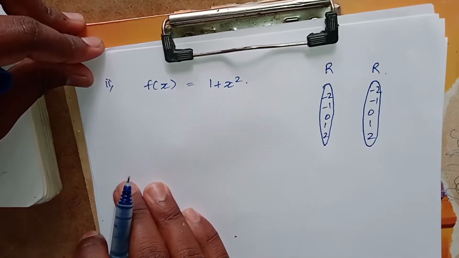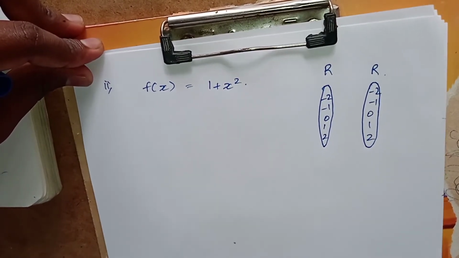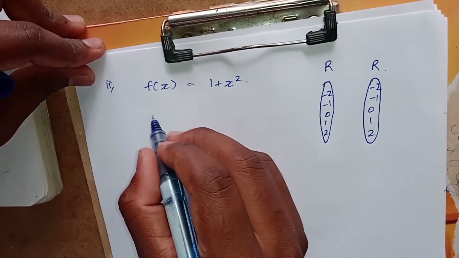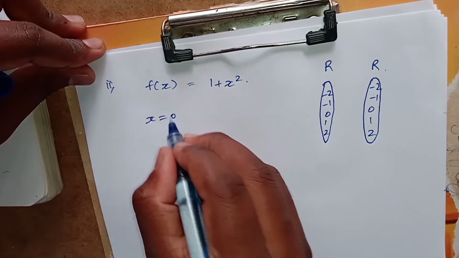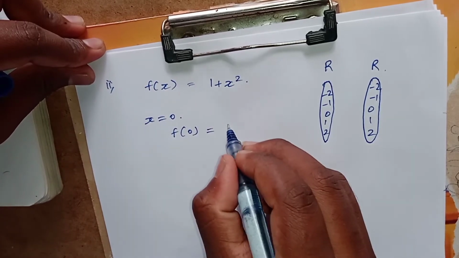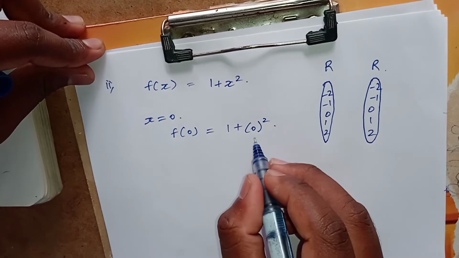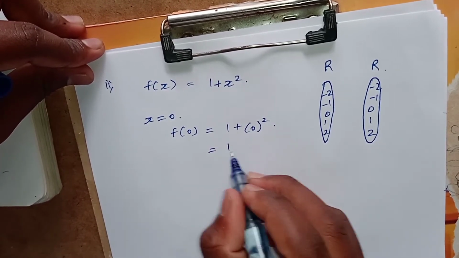Here, for checking whether it is 1-1 or many to 1, first I am taking x equal to 0. If I apply 1 plus 0 squared, 0 squared equal to 0, f of 0 equal to 1.